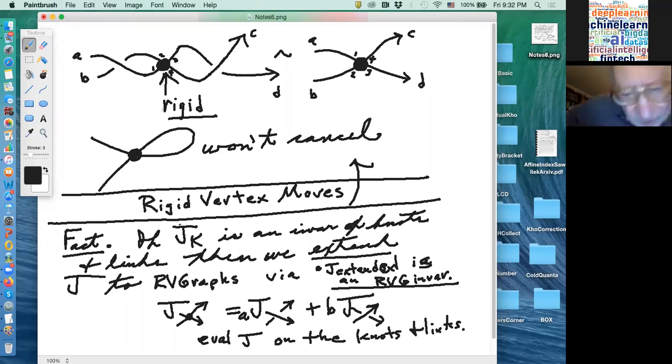So that's what I have to convince you of. This means that if I start with an ordinary invariant of knots and links, I can get a Vassiliev invariant by just writing this as a is 1 and b is -1. But then we'll see that that's only the beginning of the story. But let me show you that this really does extend to give us an invariant.